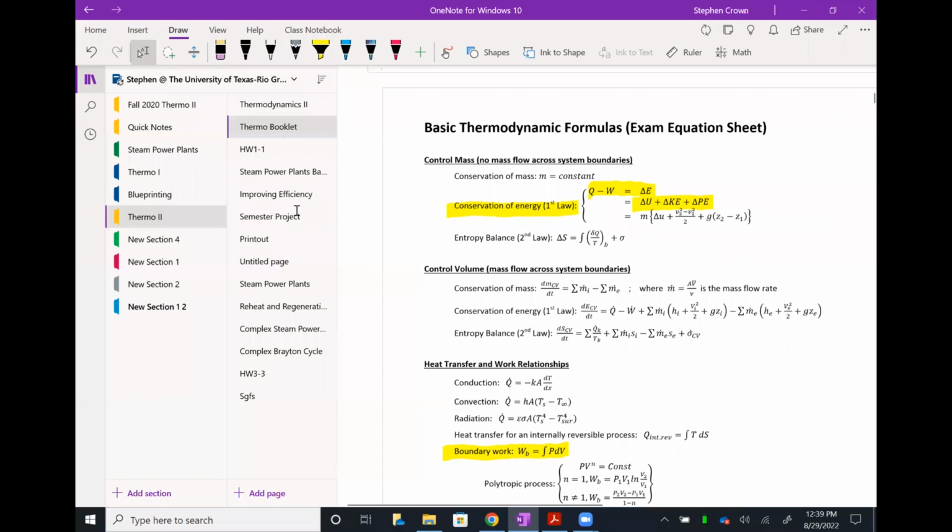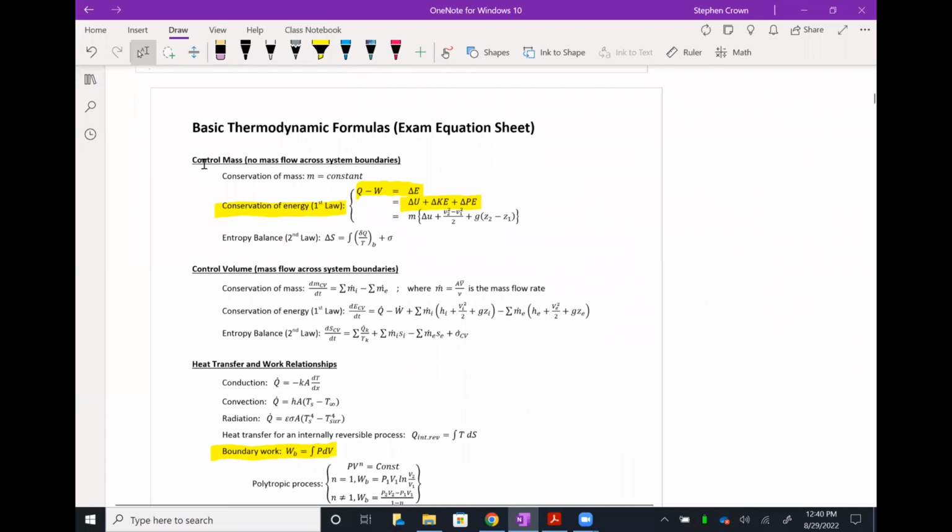The first equation that I've highlighted is the first law for a closed system or a control mass, where the mass is constant, which is the case for this problem, where we have a piston cylinder assembly and the mass of oxygen is trapped in it, so there's no mass going in and out. We will allow the volume inside the piston to change as we push the piston face. So the piston face represents one of our system boundaries.